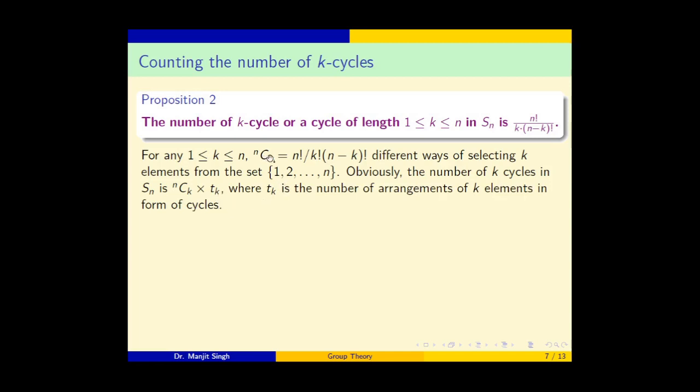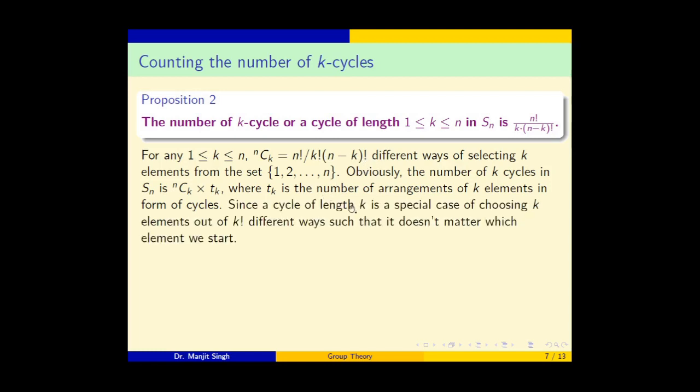First of all, we have taken all k selections out of n, in which we only have one cycle of length k, and it further can be arranged in k factorial ways.